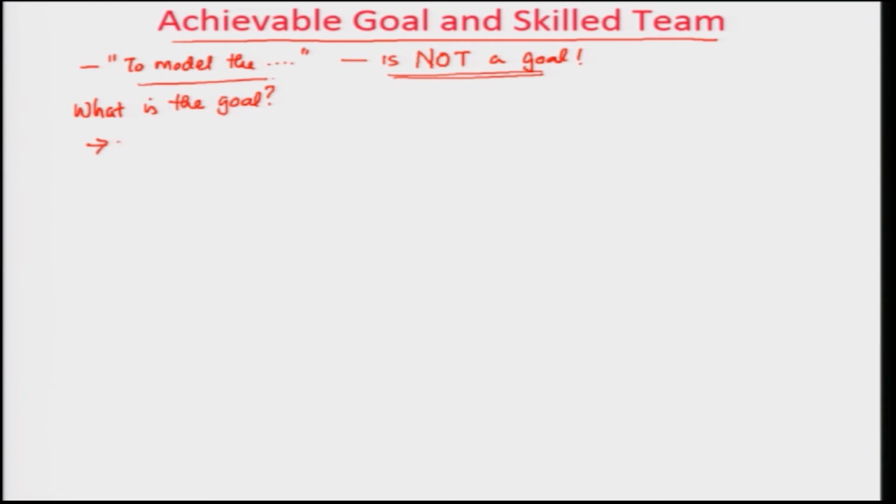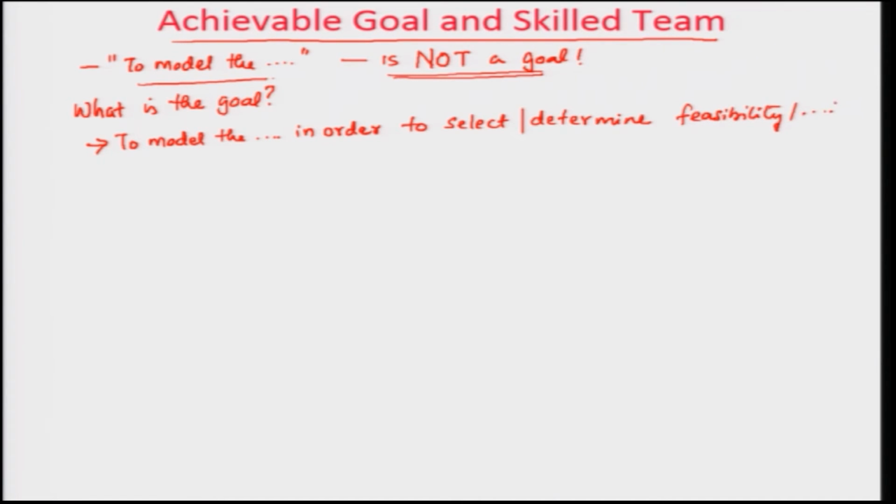The goal is to model the system in order to select or determine feasibility, or whatever you want to call it. That is usually the goal.